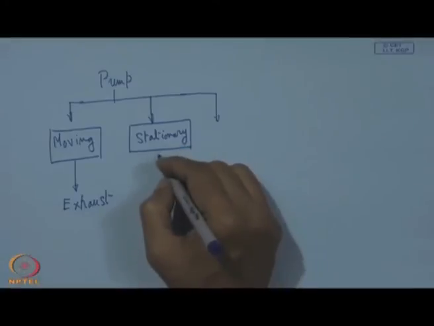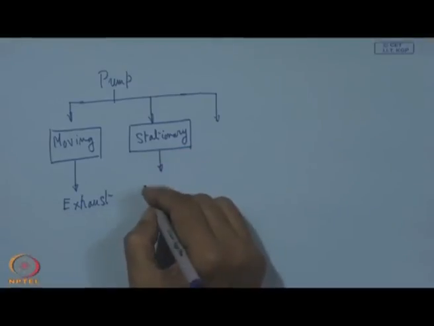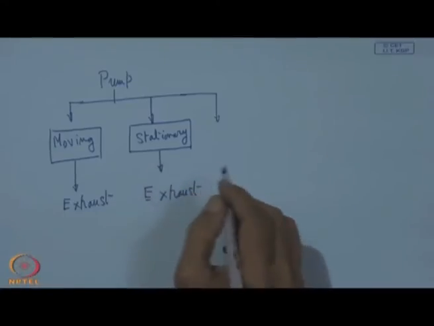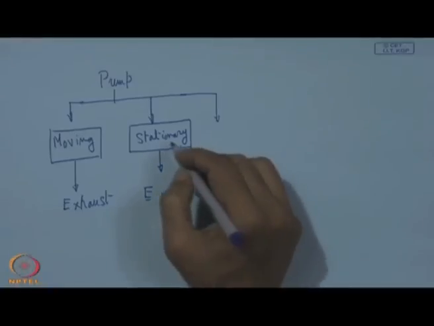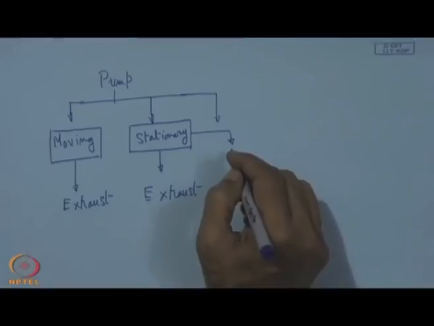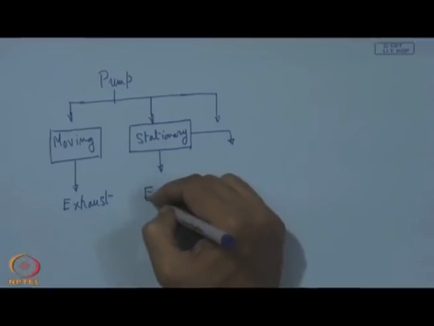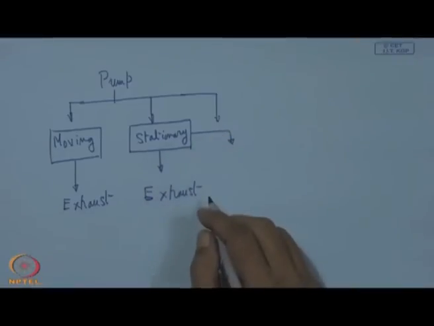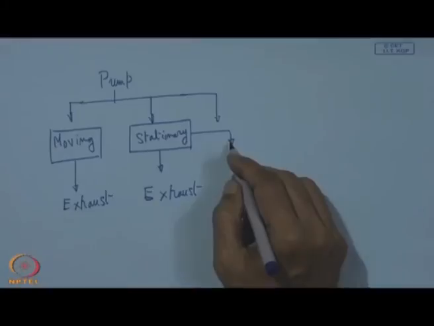In the stationary pump also we have one such variety where we need this exhaust, that means that the gas is delivered outside. However, in this stationary group we have another one where the residual gas molecules which were present in the pump are not thrown outside. What is done then?